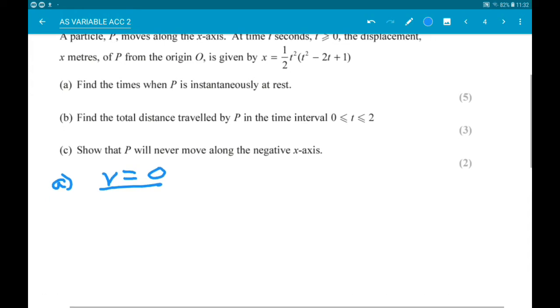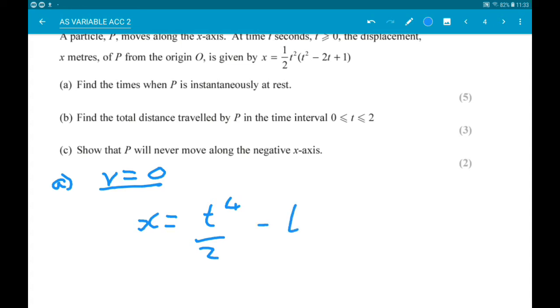So, x is 1/2 t to the power 4, t to the power 4 over 2. And then we got minus 2t times t squared over 2. So that's going to be minus t cubed. And then we're going to have plus 1/2 t squared.